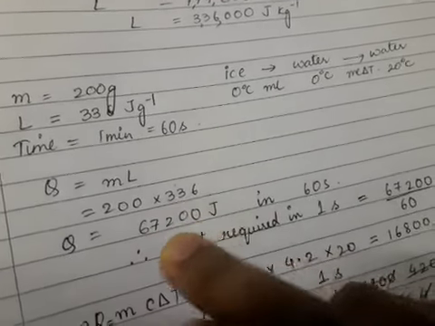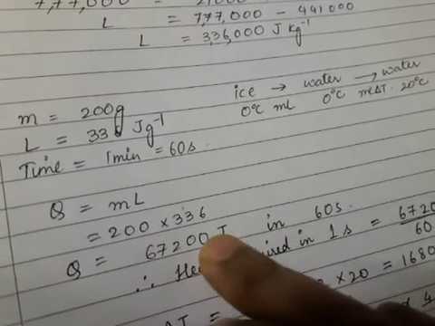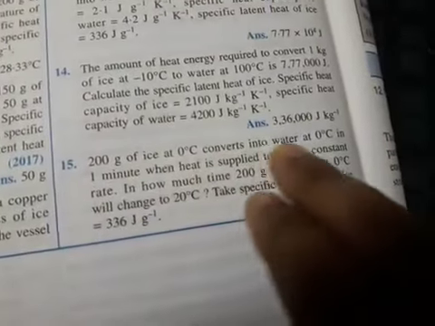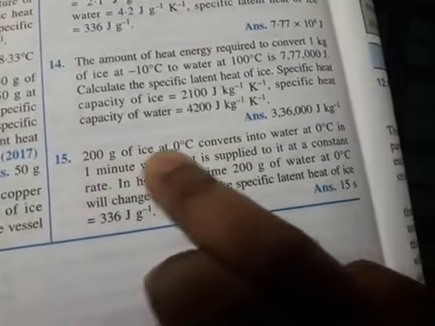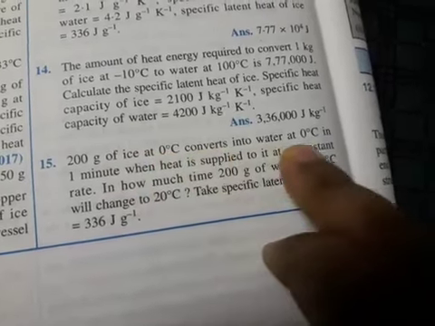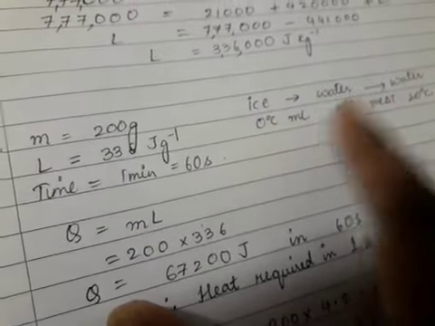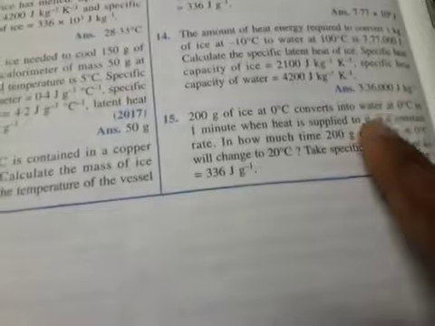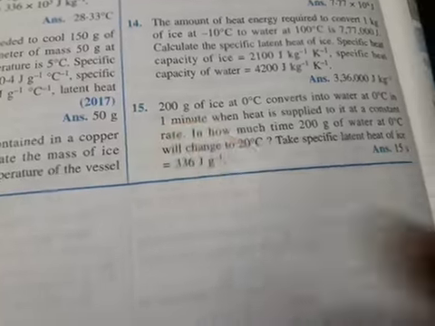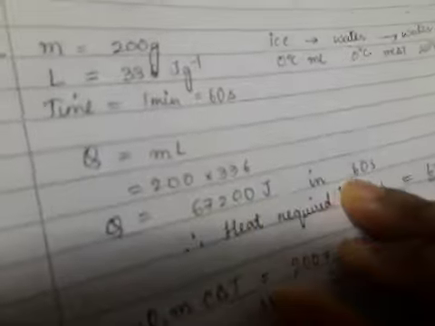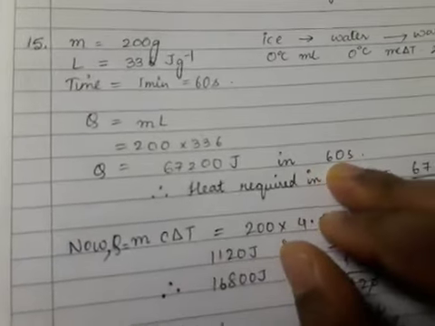So this much amount of heat was required, and in the question, if you see, it is written that 200 gram of ice at 0 degrees Celsius converts to water at 0 degrees Celsius. That means it is the first step here, this step. And how much time did it take? In 1 minute, exactly. So time required is 60 seconds. 1 minute means 60 seconds.